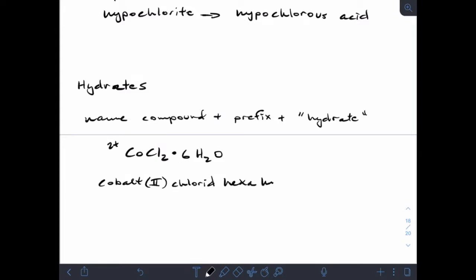And then the word hydrate. So cobalt 2 chloride hexahydrate. Hydrate is the description for the H2O. Hexa tells us there are 6 of them. Remember your prefixes from way back naming covalent compounds? Mono, di, tri, tetra, penta, hexa. That's where we get the hexa from.